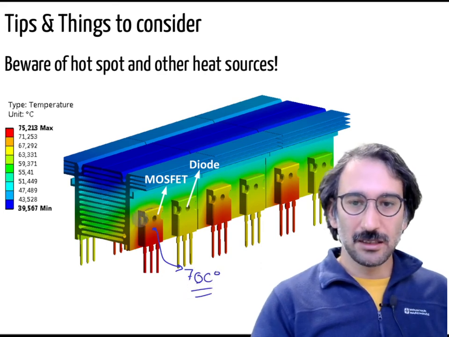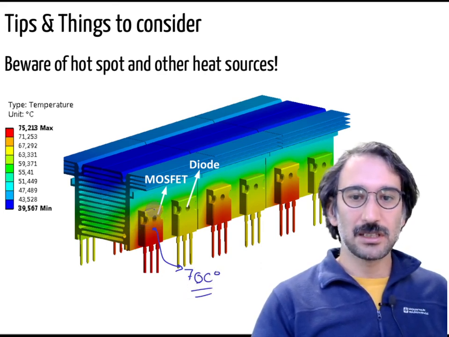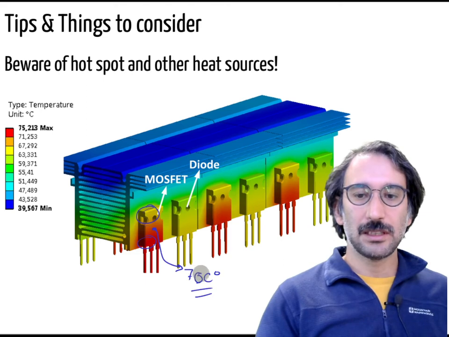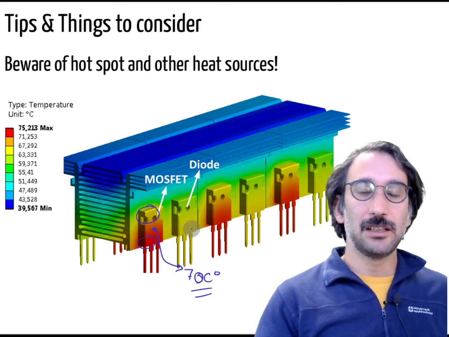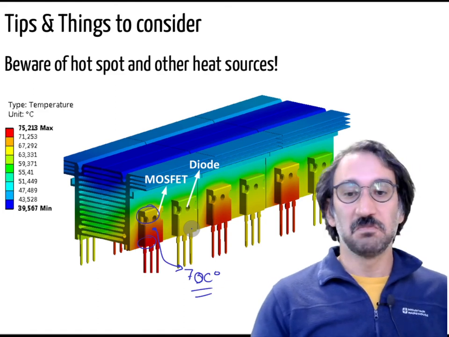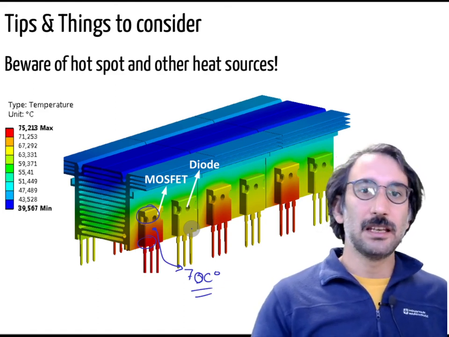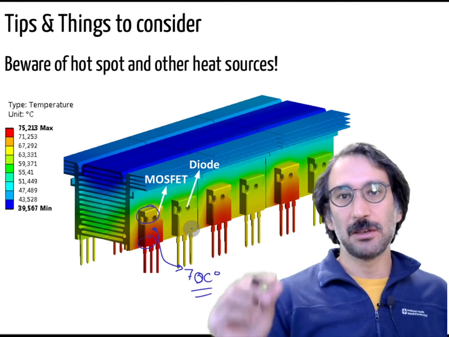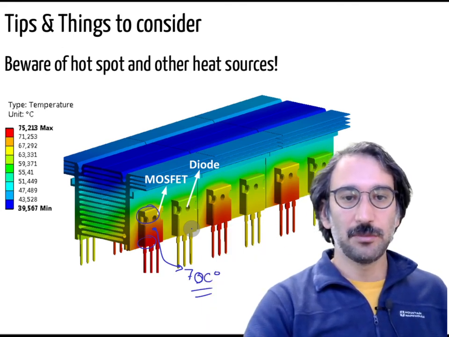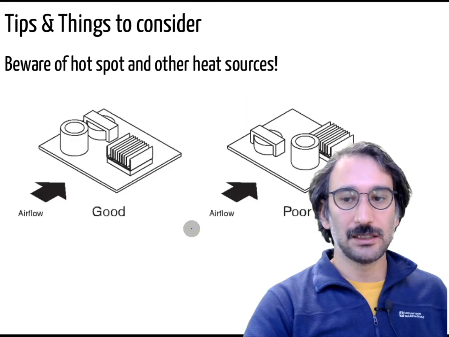But if you actually look at the operating temperature, some parts are 60 degrees, some parts are 75 degrees Celsius. So you need to be careful about hotspots and unequal heat distribution, and if you don't have time or resources for a detailed finite element analysis, maybe you need to put in some safety factors to compensate for those non-idealities.